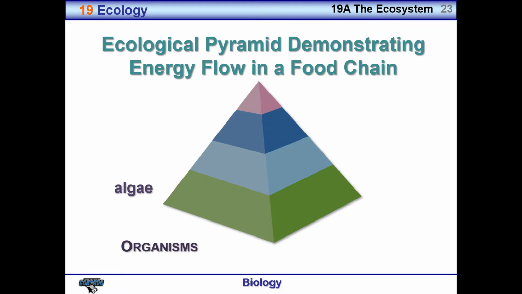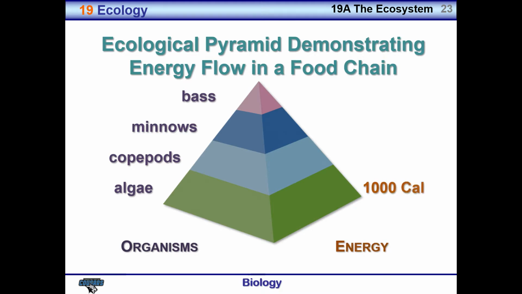Here's an example of an ecological pyramid that's demonstrating this flow of energy through the chain. So we could start out with the algae. We've had this kind of in an earlier example. Algae, then, which are eaten by copepods, and copepods are like tiny arthropods that live in water, and then they in turn are eaten by minnows, and then minnows could be eaten by bass.